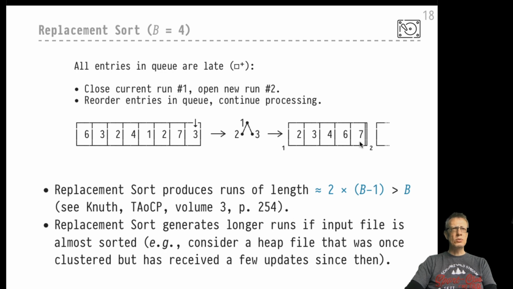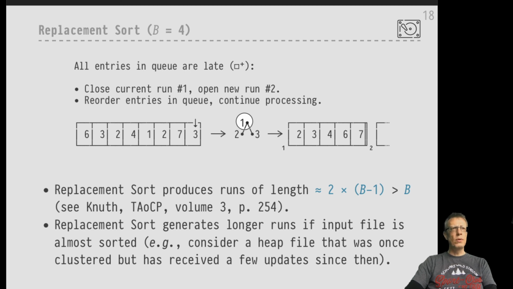And the next output will be written into the second output run, which we've already opened here. Of course, all the plus signs can now be removed. Everything is now reorganized according to its sort key value, and the next value to be written into the second output run will be the one at the root here.